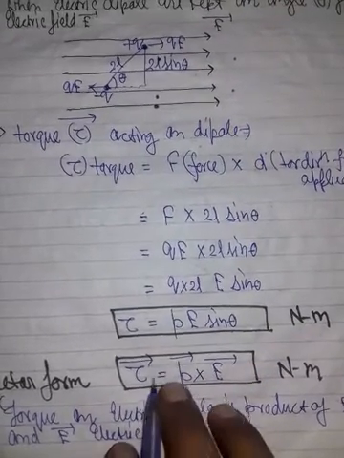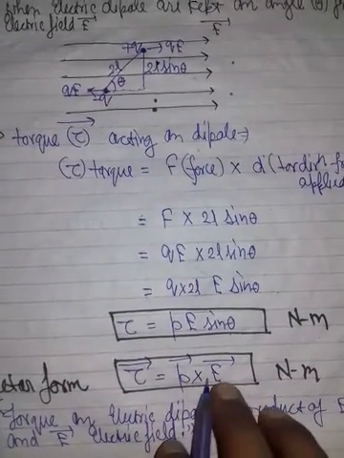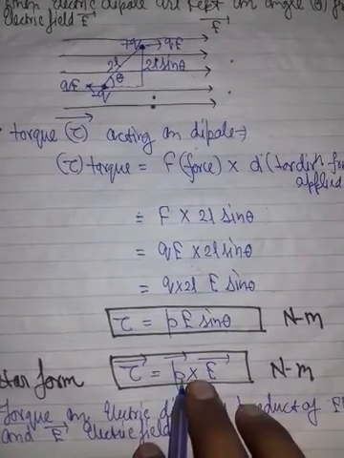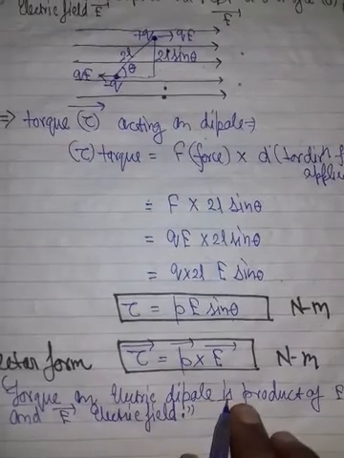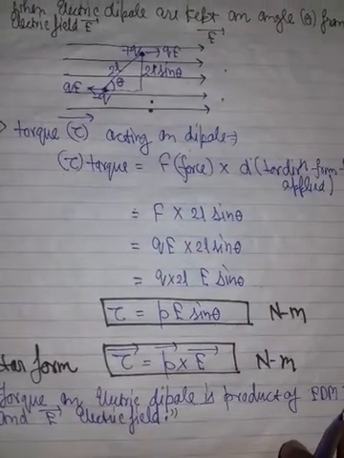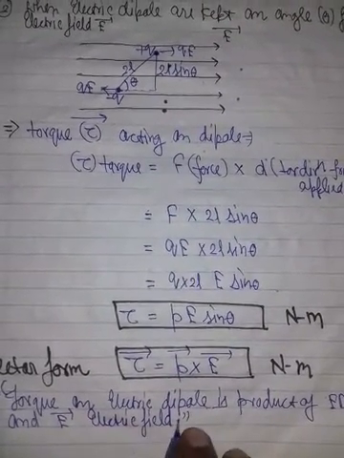That means the torque is the vector product of the electric dipole moment and the electric field.